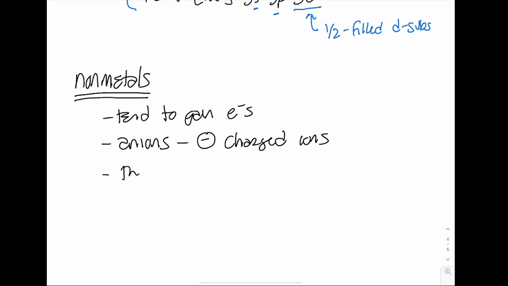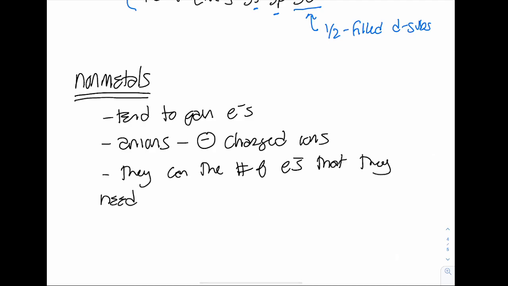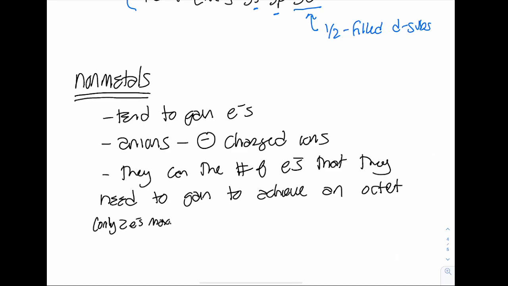So they gain the number of electrons that they need to gain to achieve an octet. Again, be careful, only 2 electrons maximum in the first shell.